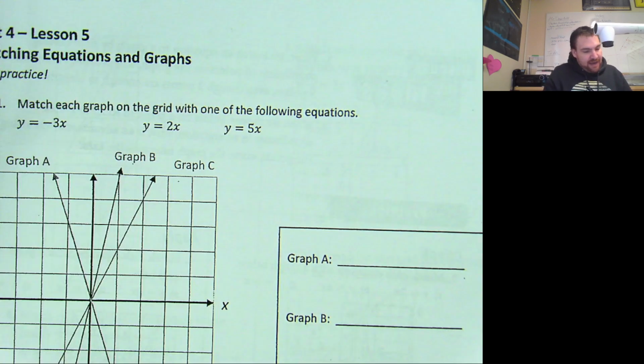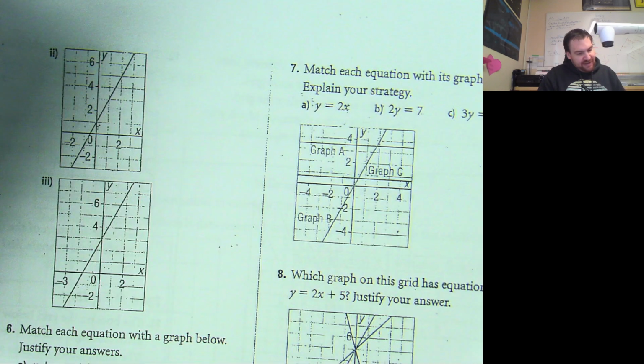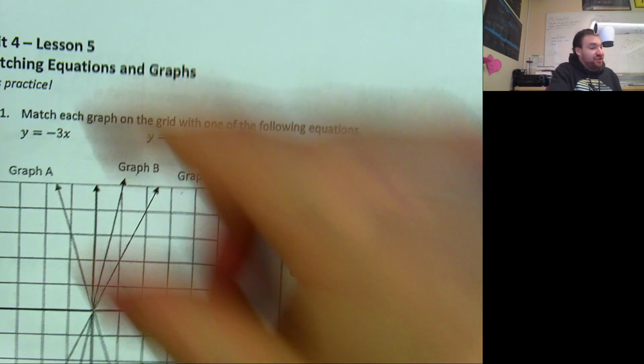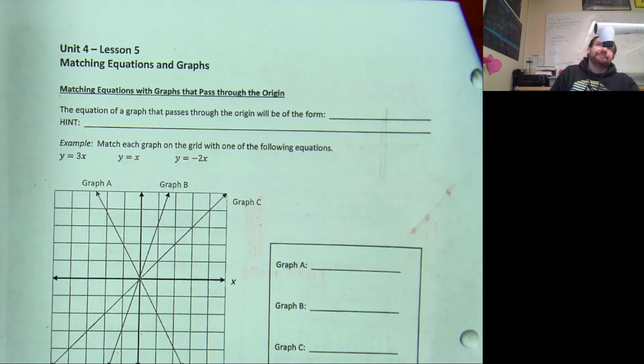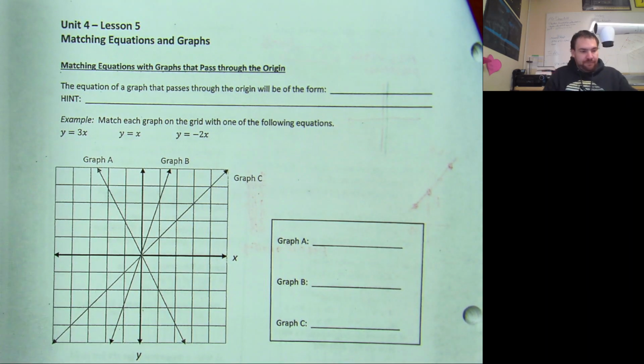Let's take a look at this second last lesson here, matching equations and graphs. So this is going to extend kind of what we did yesterday. And if you get comfortable with the slope-intercept form of these graphs, it's stuff like what we're going to do today that's going to make your life so much easier.